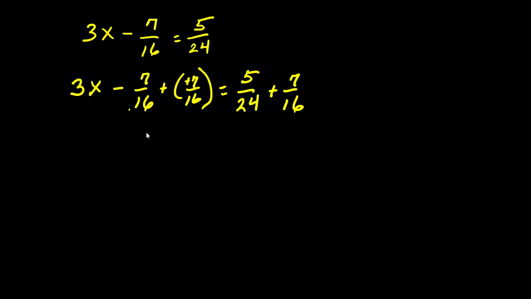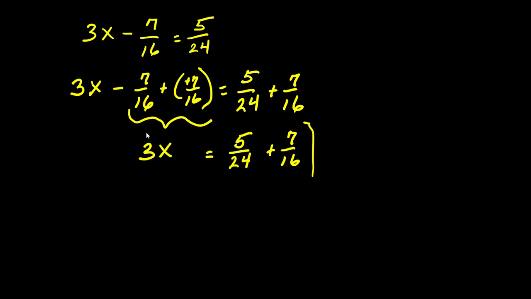The additive inverse says that's a 0, so now we have 3x equals 5 divided by 24, add 7 divided by 16.